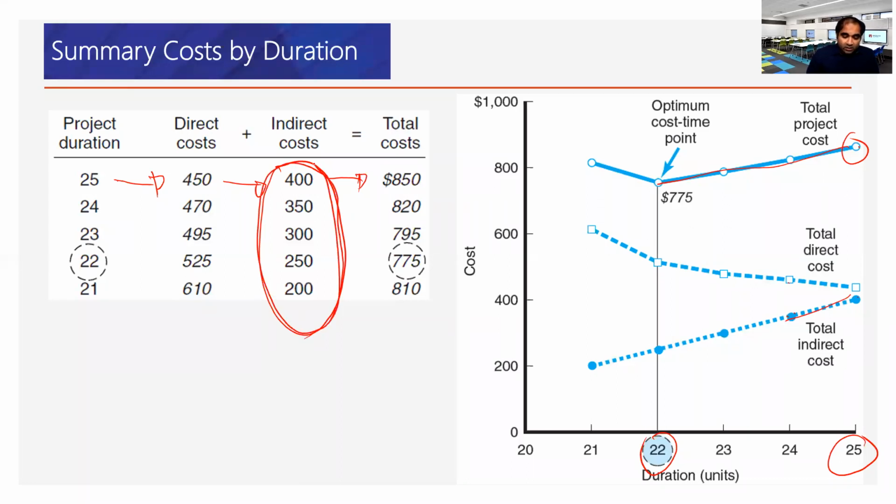That should be added to the overall project, and we can see that anything below 22 days, the project cost increases again significantly. So it starts to reduce, this is the minimum point, and then it starts to increase again. So this is the optimum cost time point that is derived from the cost duration graph.